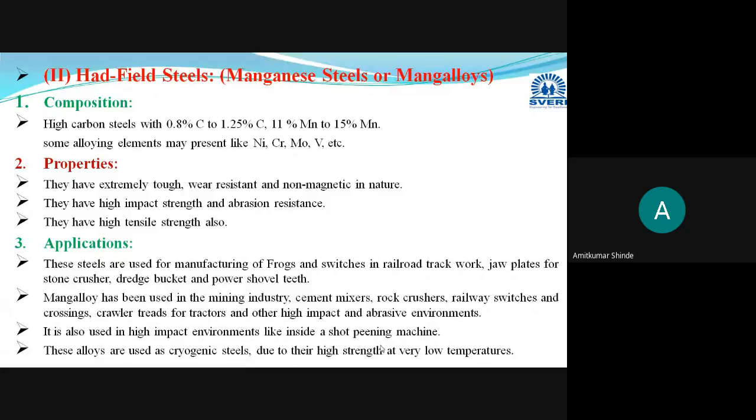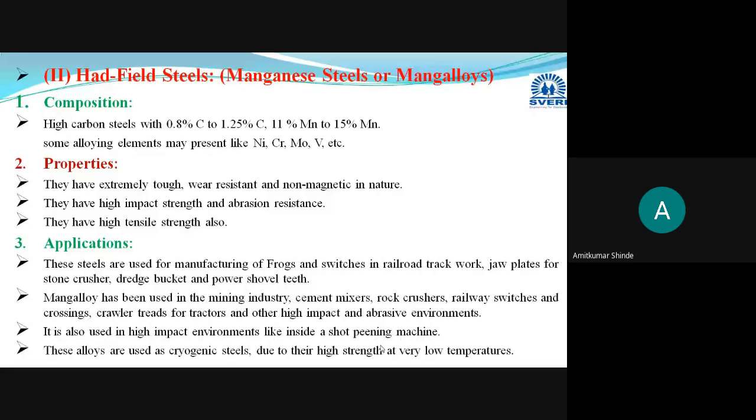In addition, depending on the desired properties, some other alloying elements like nickel, chromium, molybdenum, vanadium may be added. So this is the general composition of manganese steels, mangalloys or Hadfield steel.